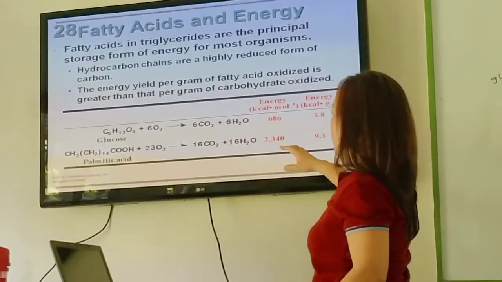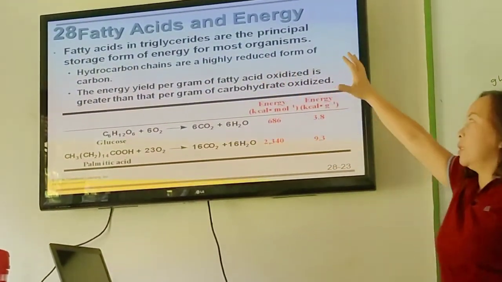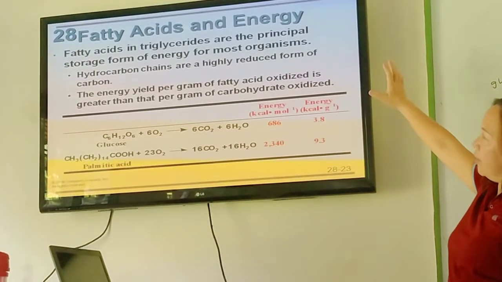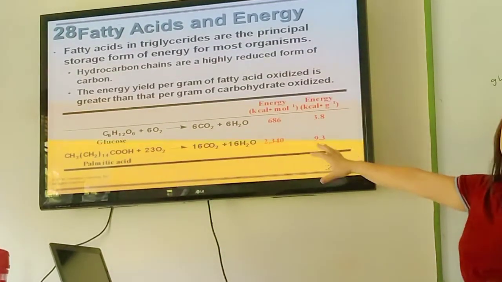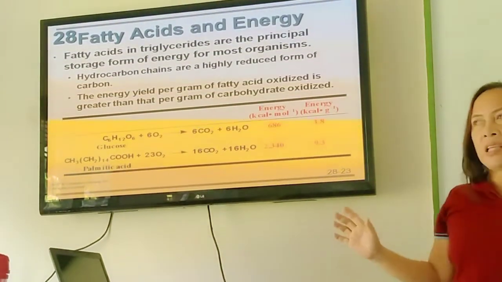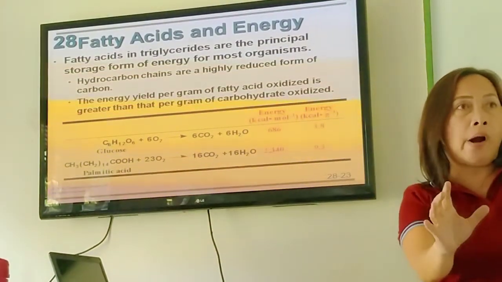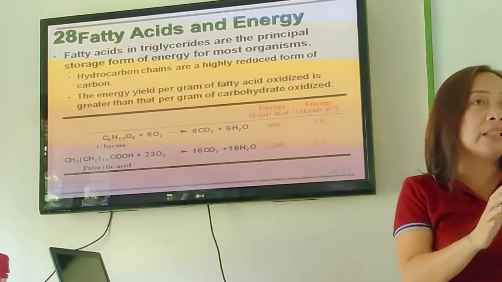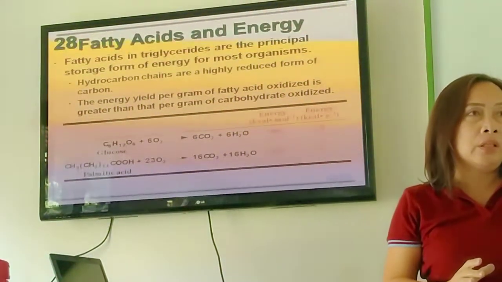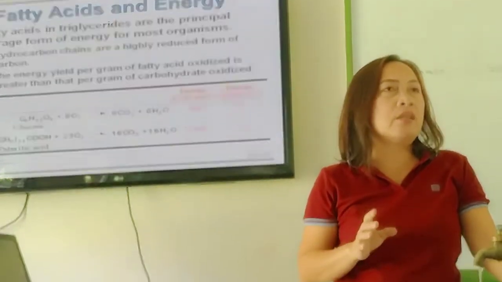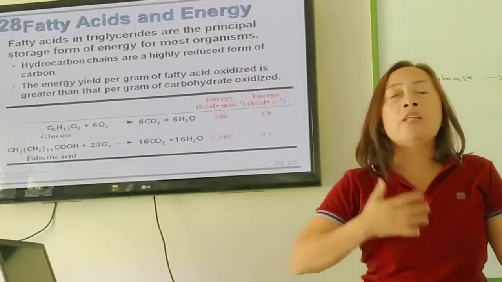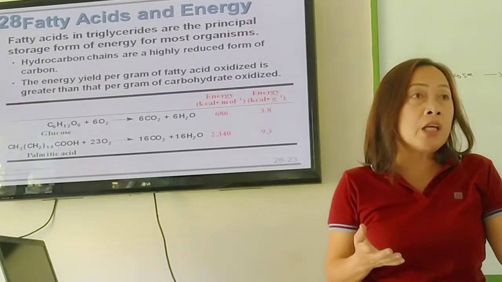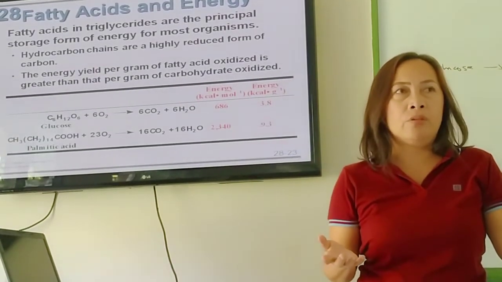Now, how about the fatty acid breakdown? Fatty acids in triglycerides are the principal storage form of energy. Now, fatty acids can give you around 3 times more ATP than glucose breakdown. In fact, these fatty acids are very efficient in terms of energy generation. Very, very efficient. Why?